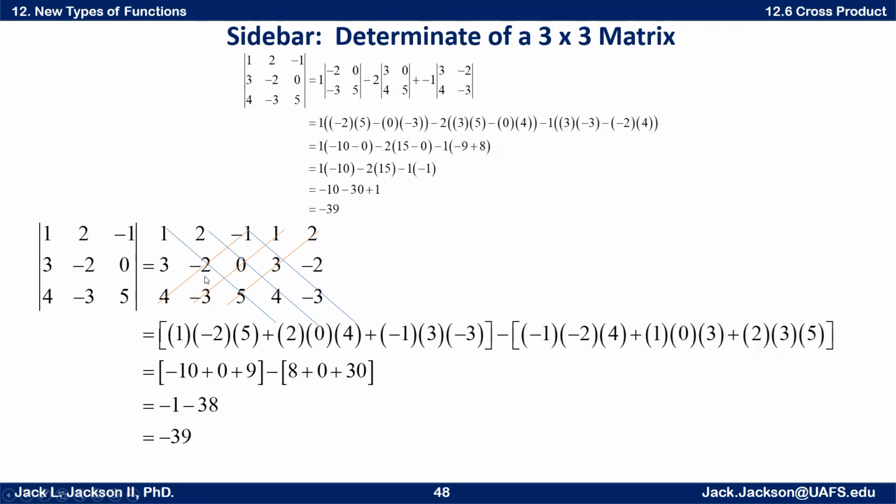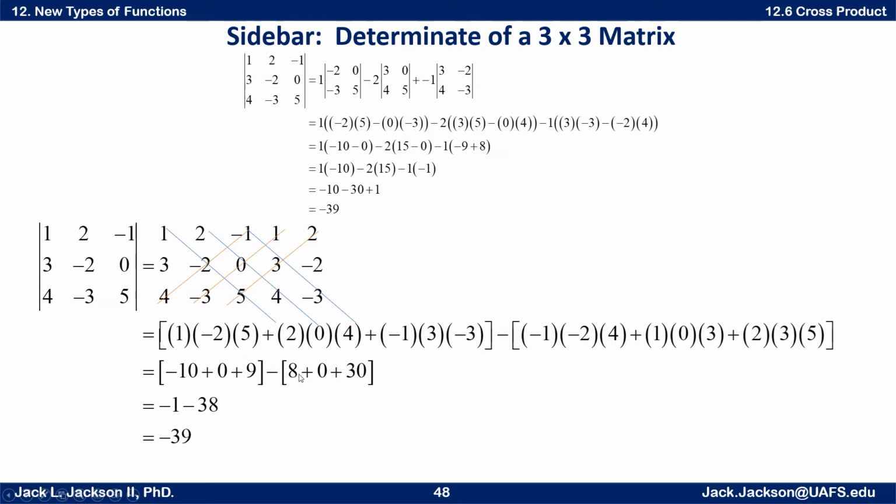So it's -1 times -2 times 4, which is 8. 1 times 0 times -3 is 0. And 2 times 3 times 5 is 30. Now just distribute this negative and add these together.